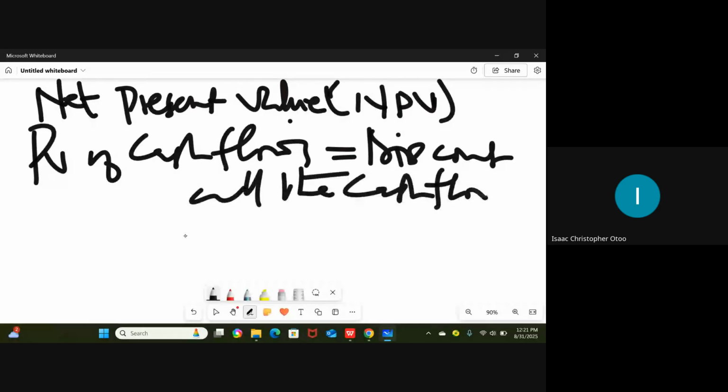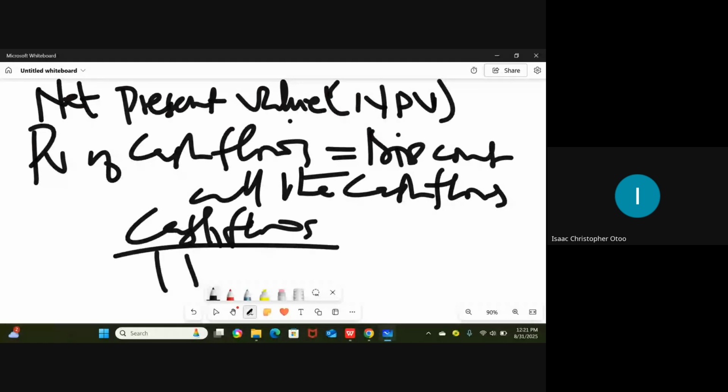And we taught you how to discount them. So it's cash flows over the discounting factor. That is how we discount the cash flows of each year.